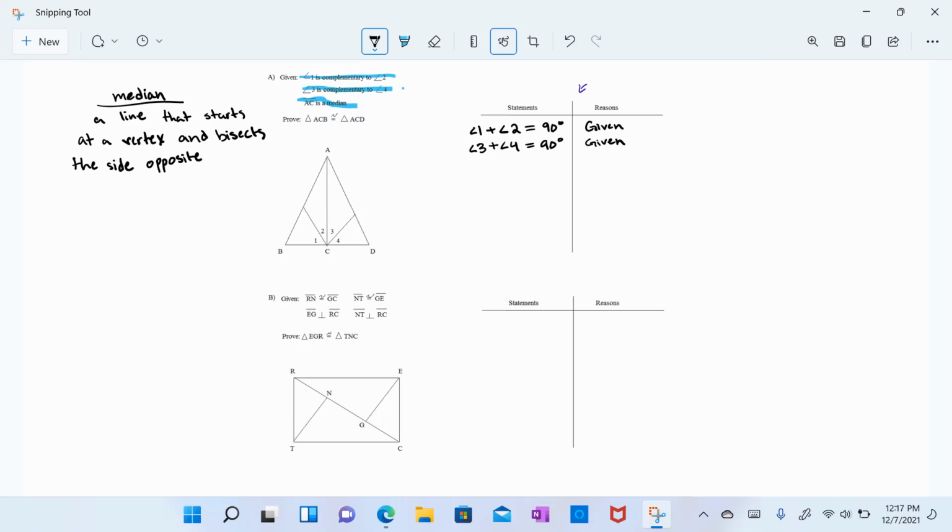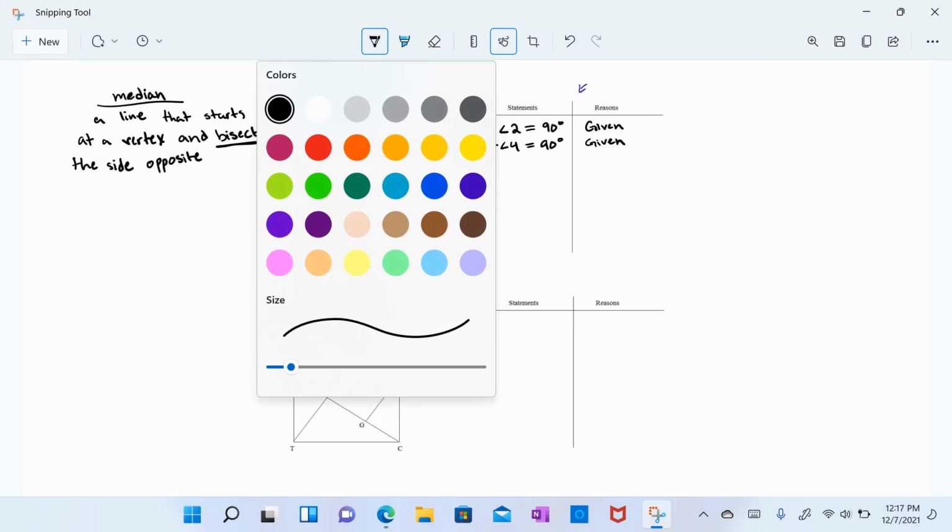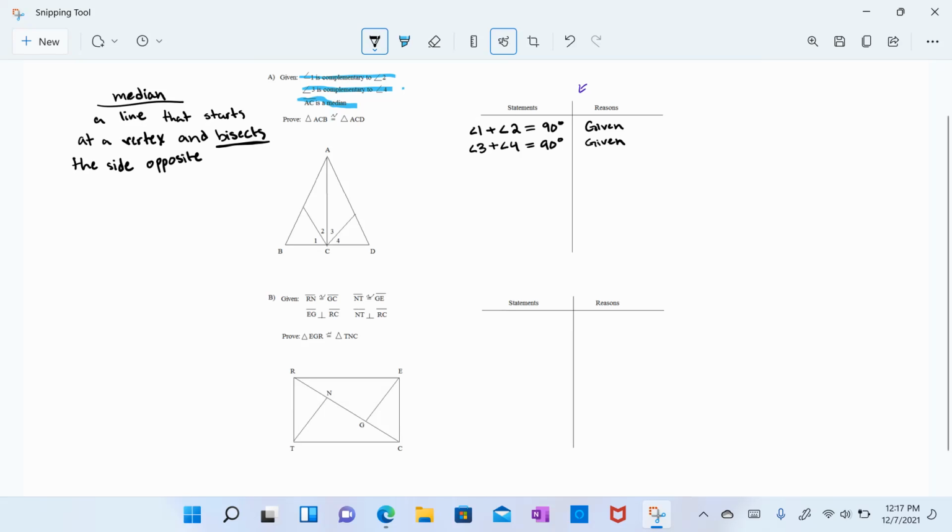What bisect means is that the two sides on either side of where the line intersects are going to be equal to each other. So we know that this line and this line are going to be equal to each other because this is line AC.